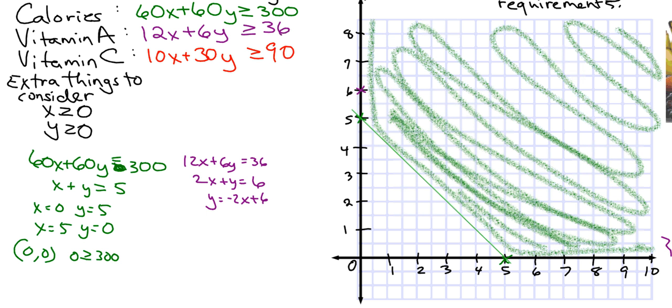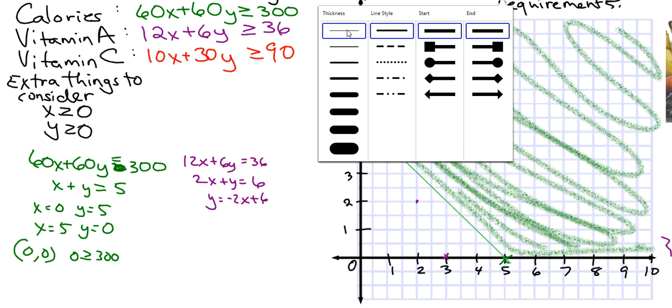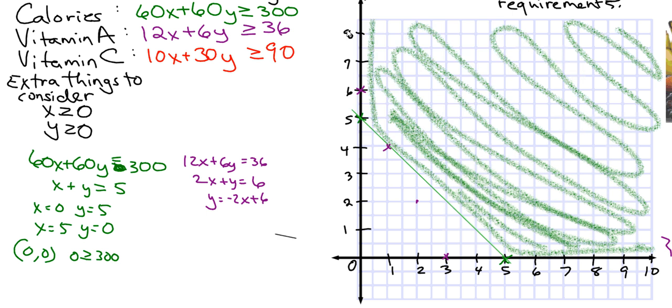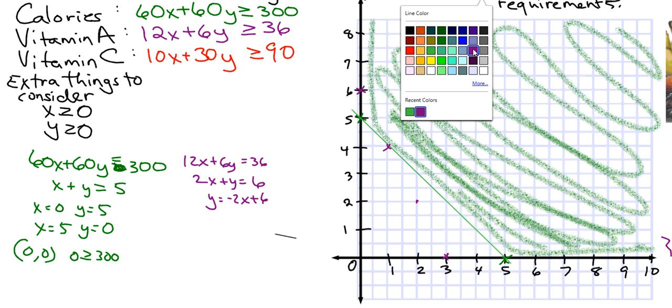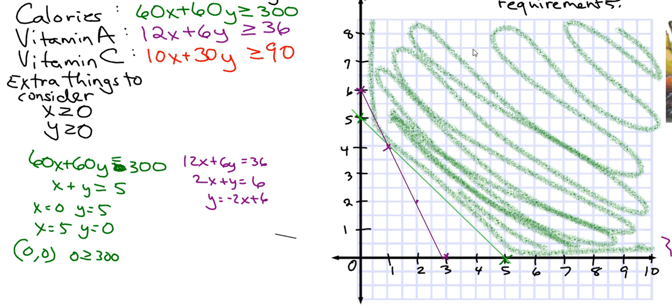Our slope is negative 2, so down 2 over 1, down 2 over 1. And that makes sense that if x is 3, y would be 0 there as well. Just checking as I go to make sure I'm plotting things well. And then for this one, let me find that purple color. My line is going to be there.